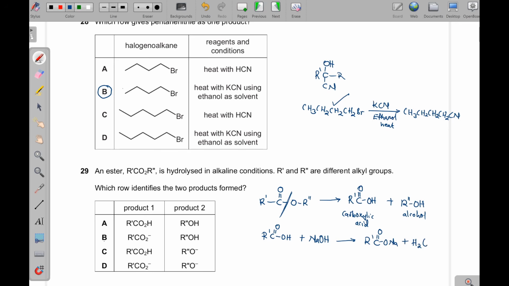Water. You see? Now, because this one is a strong salt, it will dissolve in that water, and then you get this one as an ion. Okay, something like that. But sodium hydroxide is not going to react with the alcohol. It will just react with the carboxylic acid.